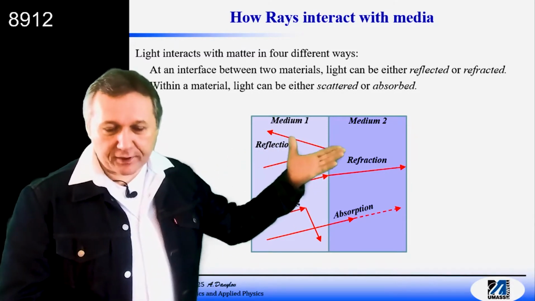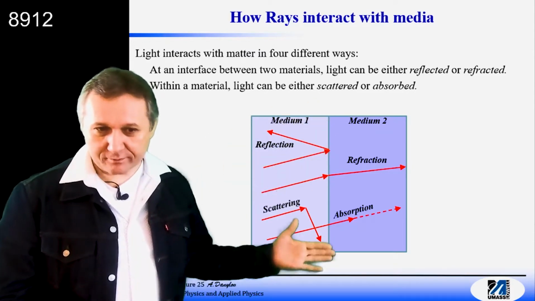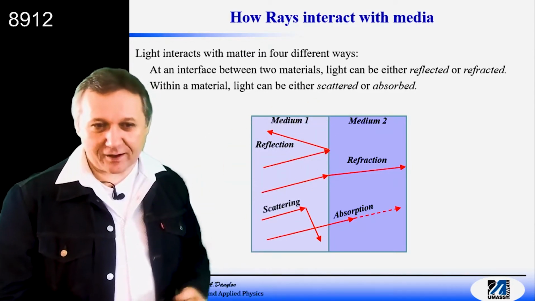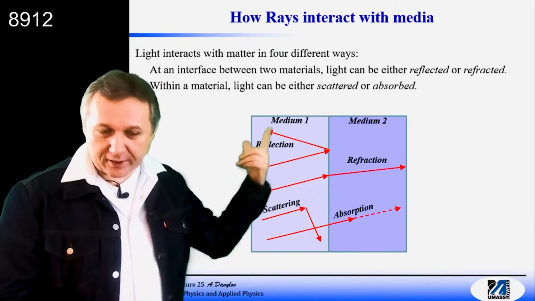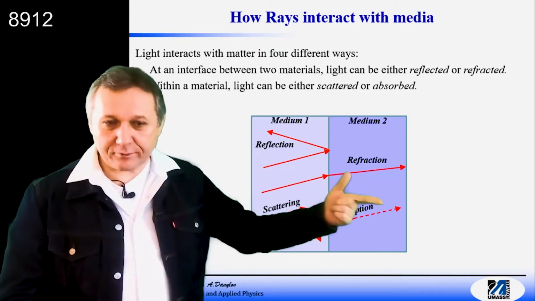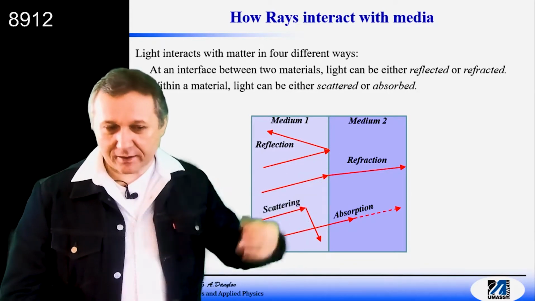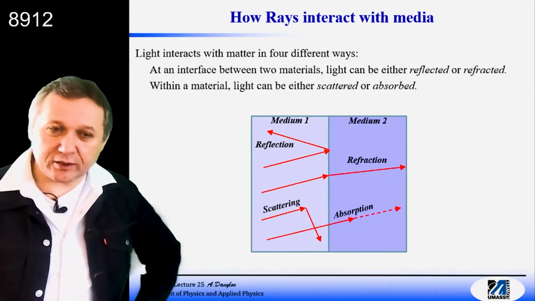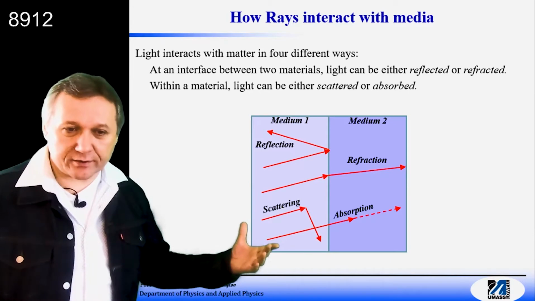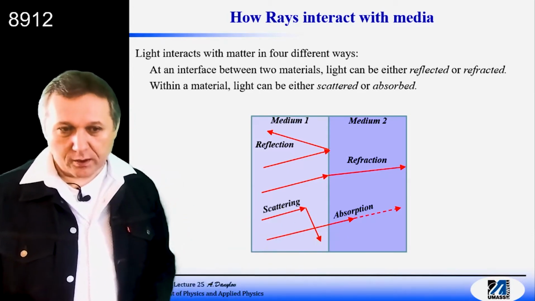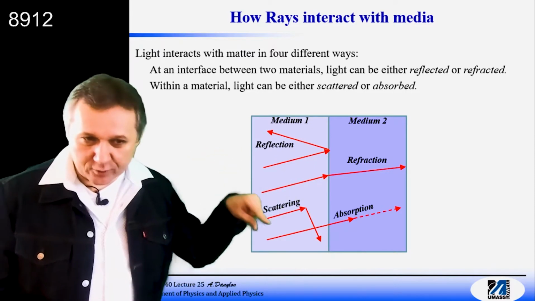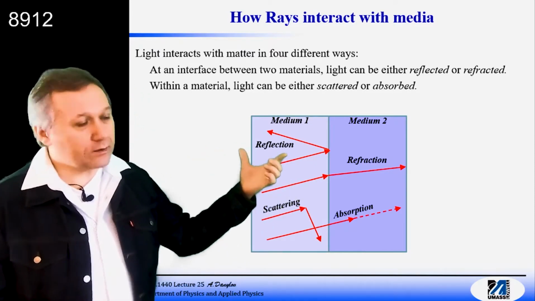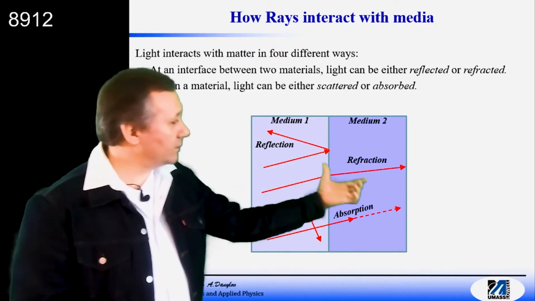First, reflection at the border, at the interface between two media. Then refraction, when light manages to get into the second medium. Then scattering and absorption. As I said at the end of the previous lecture, in this course we're going to discuss only reflection and refraction.